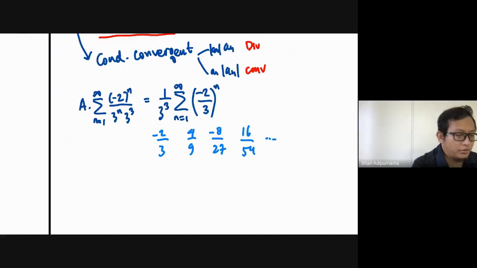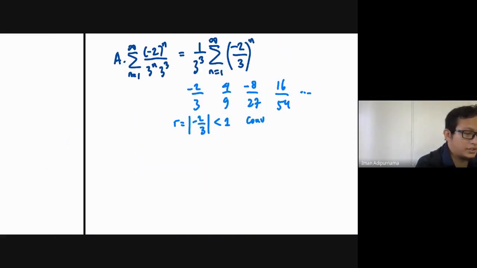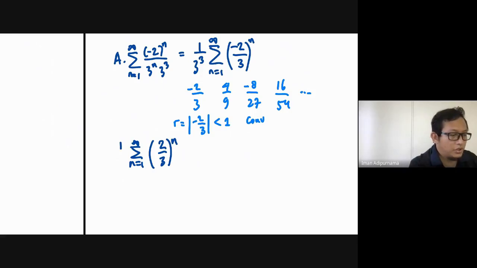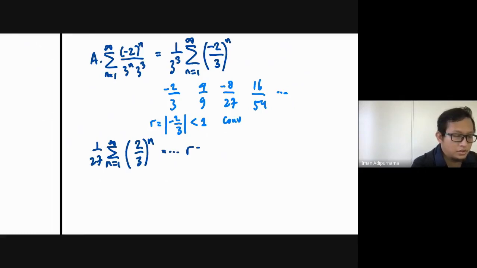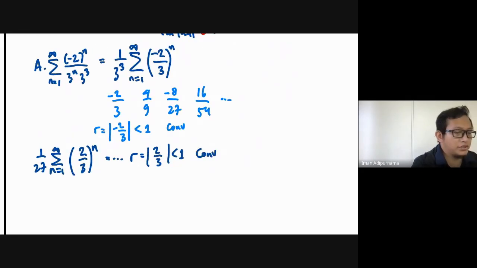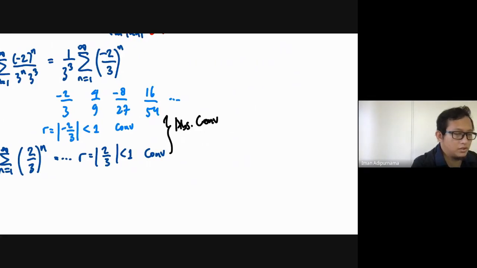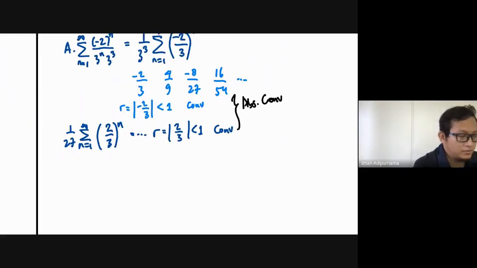In geometric series, the ratio should be less than 1, and it's true, so it converges. Now check the absolute value. It's a similar geometric series where r is 2/3. It's also less than 1, so it also converges. So both converge, so this is absolute convergence. Not our answer, right?